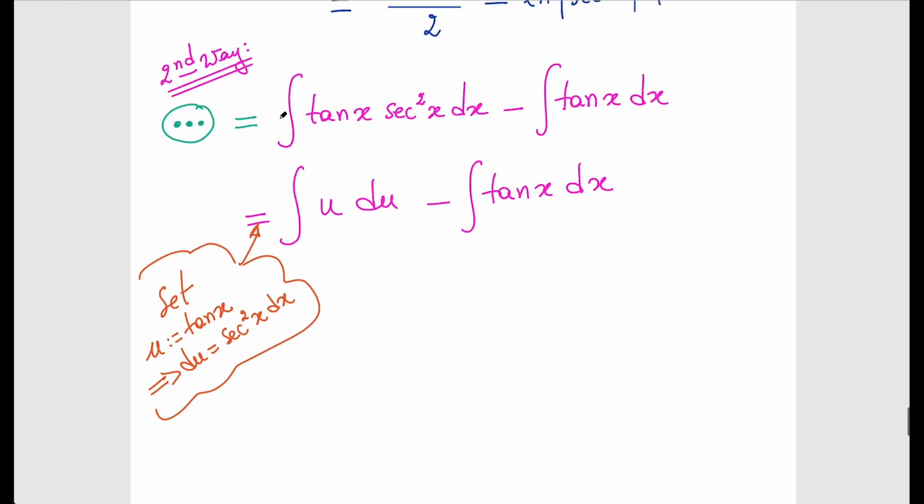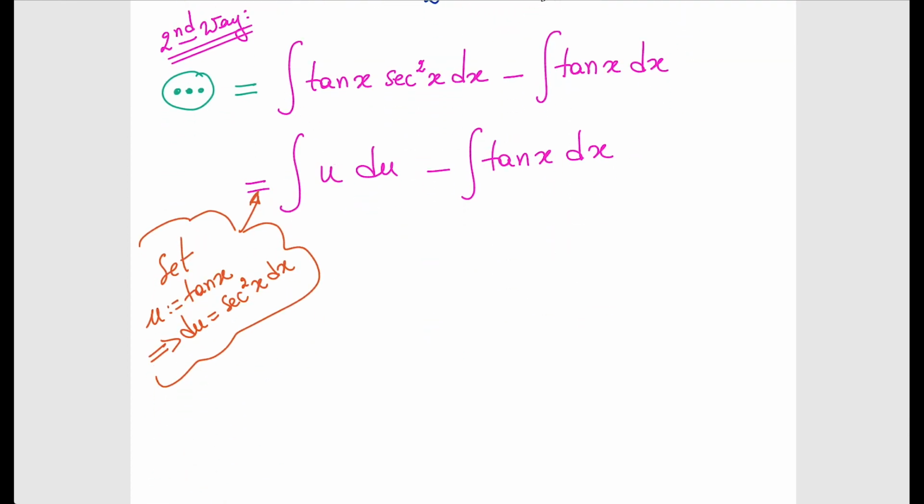Did we call this u above? Since we called this u above, how about I change the name of this variable? How about w instead of u? So this becomes dw, and that guy becomes w dw. All right, so this is then equal to w squared over 2 minus the integral of tan, which we discussed above.